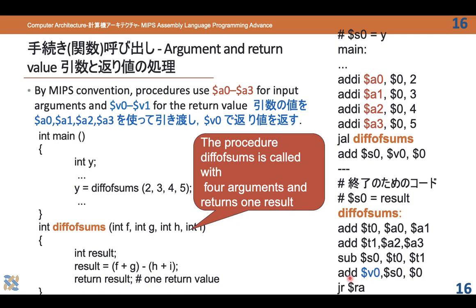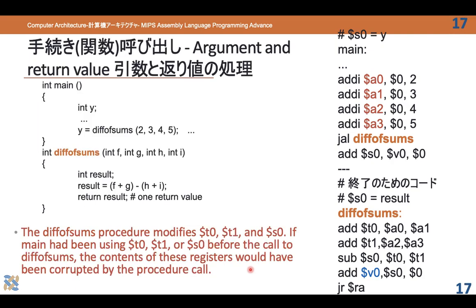Okay, and you store the result to the return value s0 and jump and link over there to execute this. That's it. So in this example, you use the arguments here, and then we call the procedure diff of sum, and using these arguments you calculate the result and store the return value to the v0 register. It's supposed to be the end of the arguments.